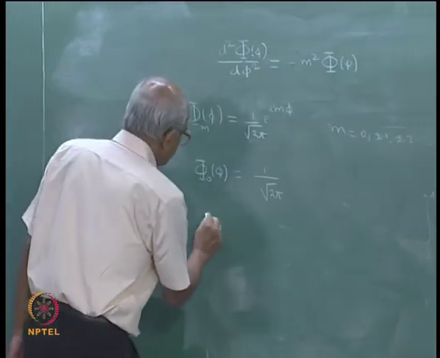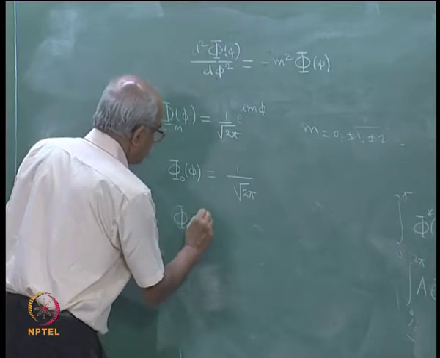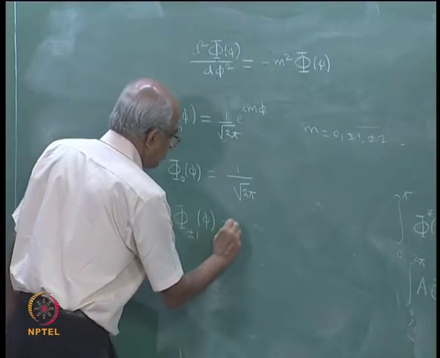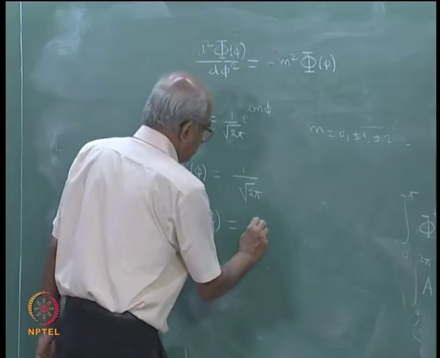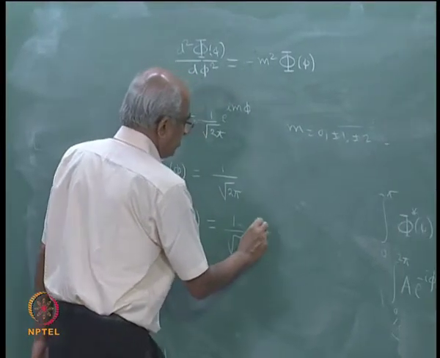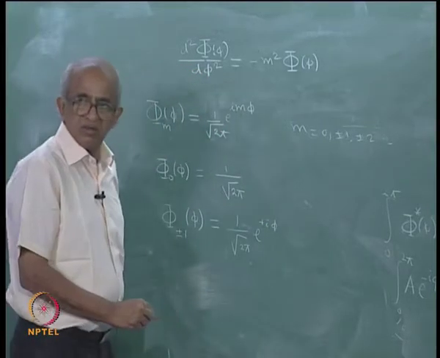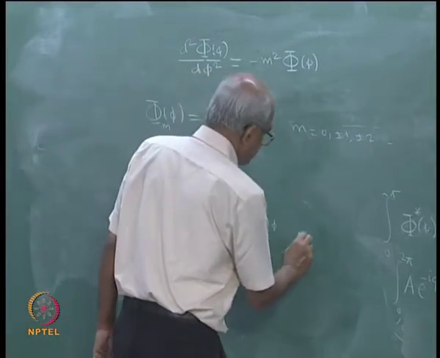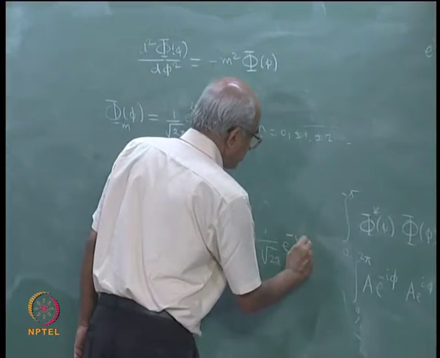And then you can think of m either plus 1 or minus 1. What will you find? You will find that the answer is 1 by square root of 2 pi e to the power of either plus I phi or 1 by square root of 2 pi e to the power of minus I phi.